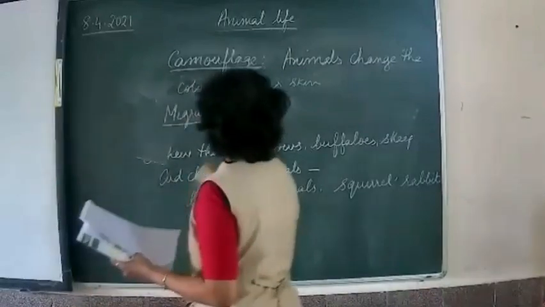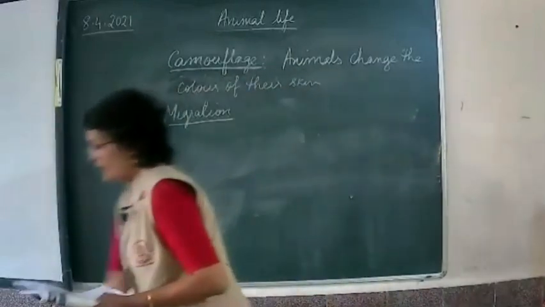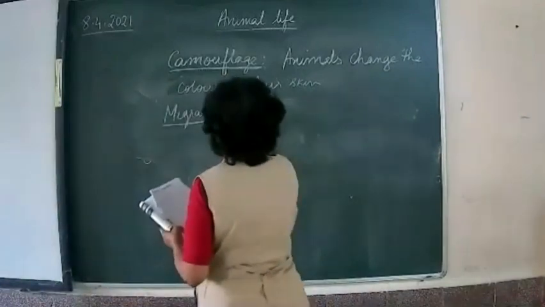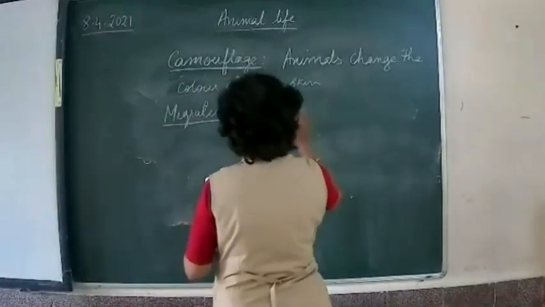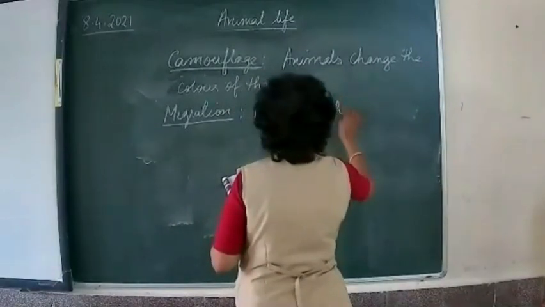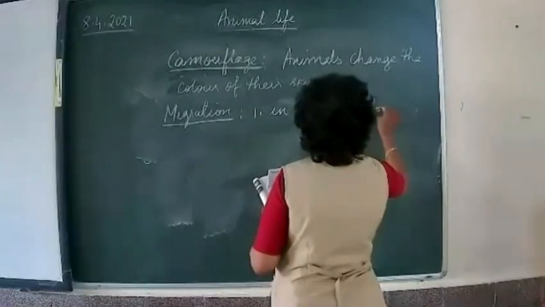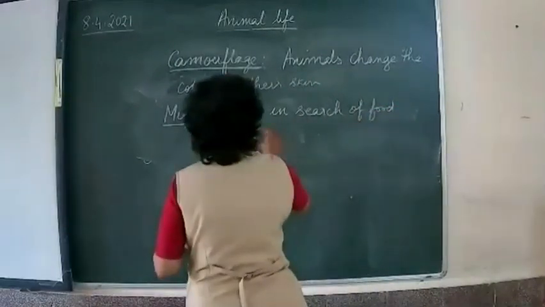Migration is due to these three reasons. First is in search of food. They go to different places, so they migrate from one place to another in search of food. To escape from enemies.